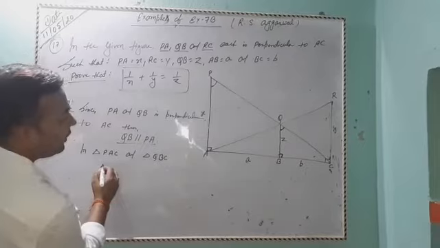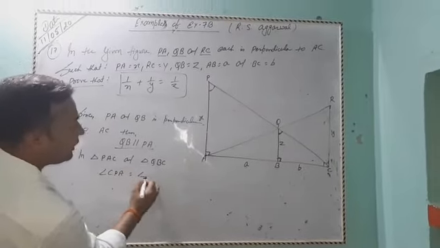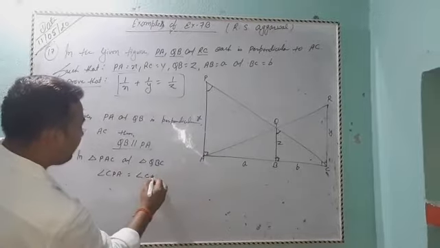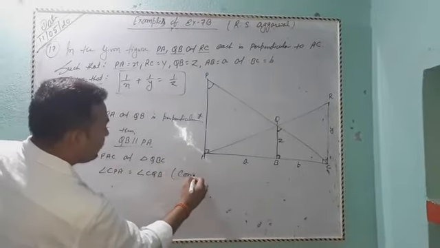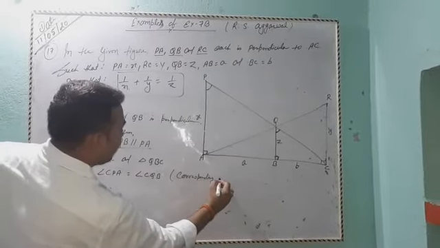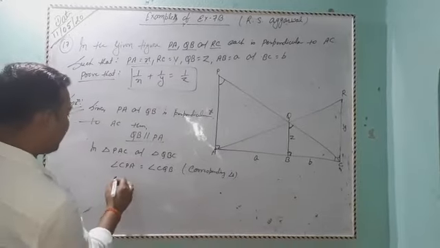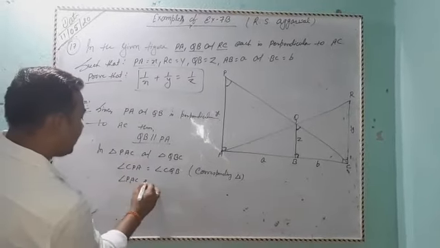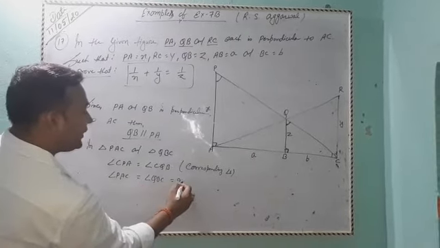Angle CPA equal to angle CQB, corresponding angles, and angle PAC equal to angle QBC equal to 90 degree.